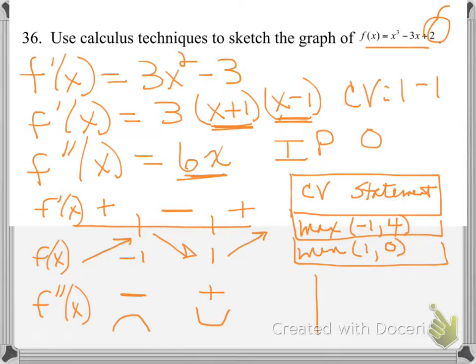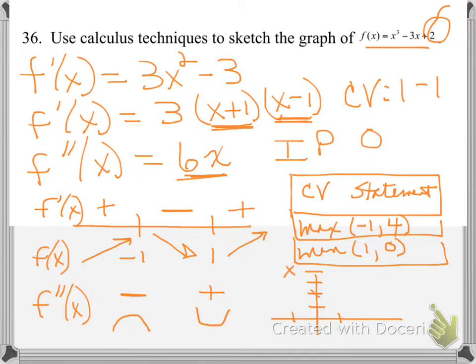So now I'm ready to give myself a little sketch. So here is my y-intercept of +2. Then I have critical values of -1 and +1. So I need to go up to 4. So here is one value, that's going to be a max.